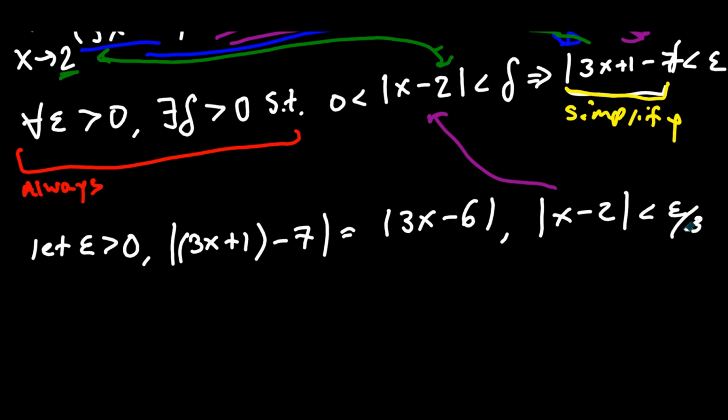So then, after you do the simplification, we're going to let delta equal epsilon over 3.